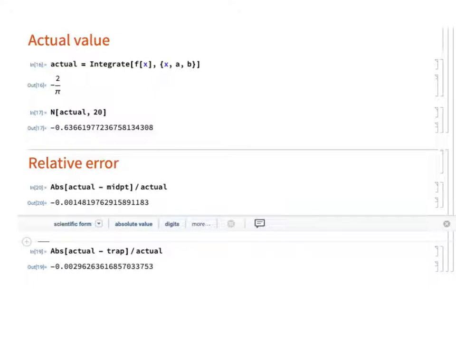So relative error is going to be the difference in the actual and the estimate divided by the actual, and all of that should be an absolute value. I see here I closed my absolute value bracket too soon.